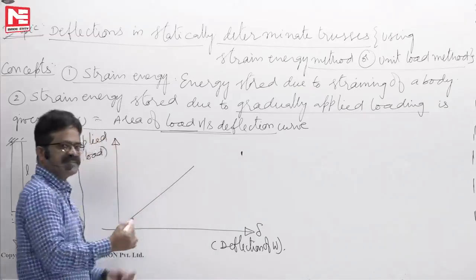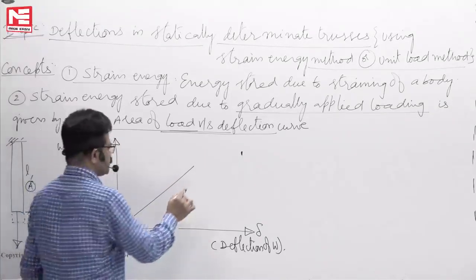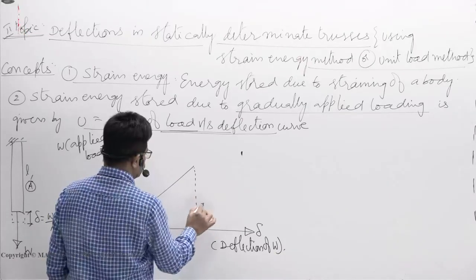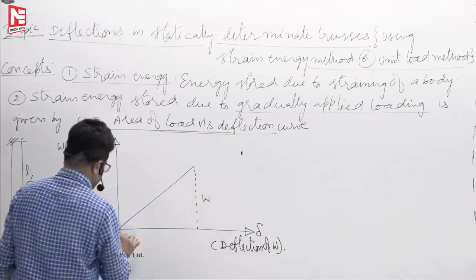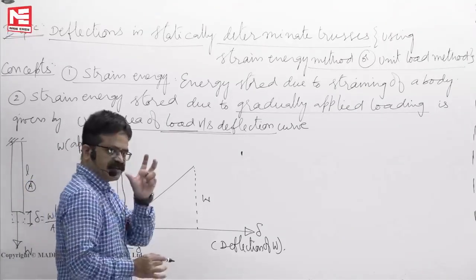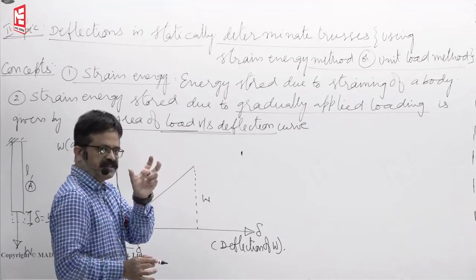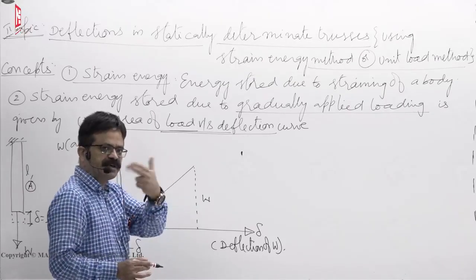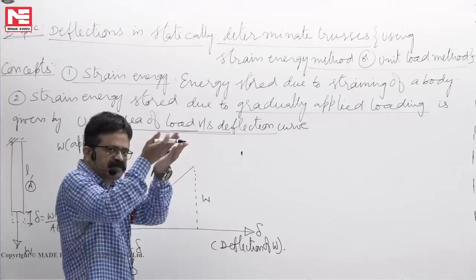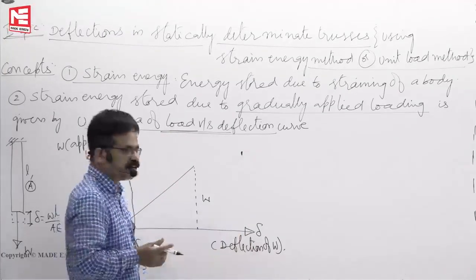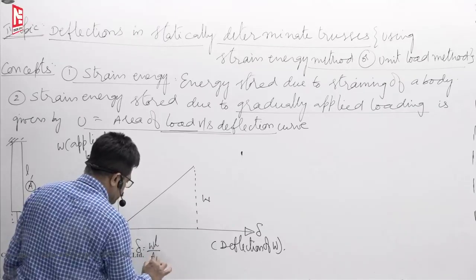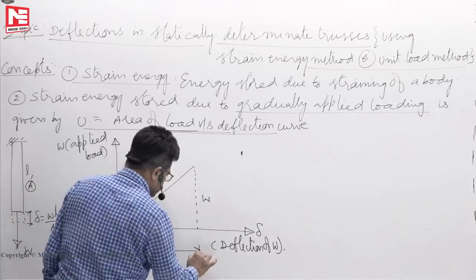Initially the load is 0, finally it reaches W. By the time your applied load reaches the magnitude W, that W might have come down by an amount delta, which from strength of materials you have learned is WL by AE.